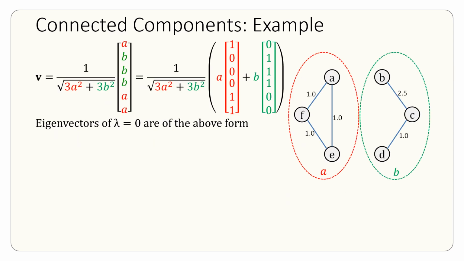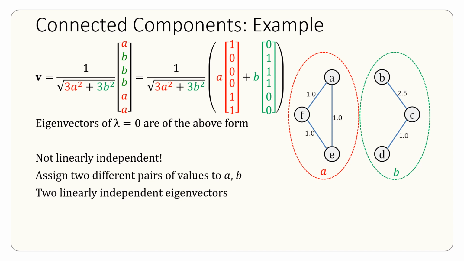To get the generic expression for an eigenvector, I put A's at the places corresponding to the connected component A, E, and F, and B's at the places that are associated with the other vertices B, C, and D.